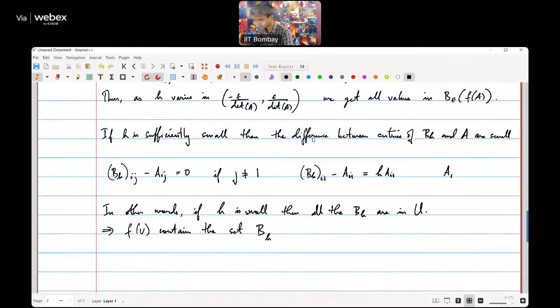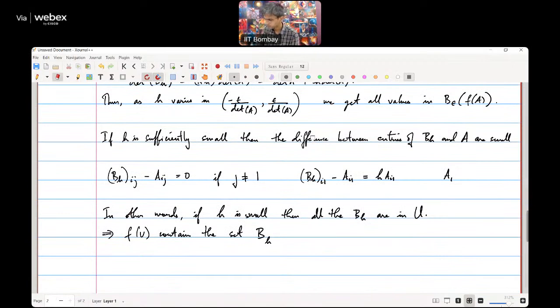So let's assume that if H is strictly less than epsilon by determinant of A, then BH.